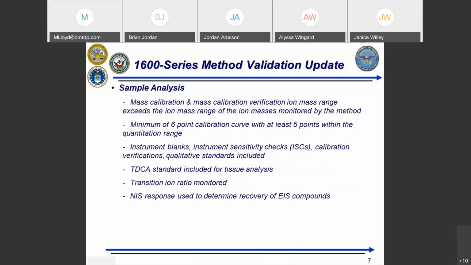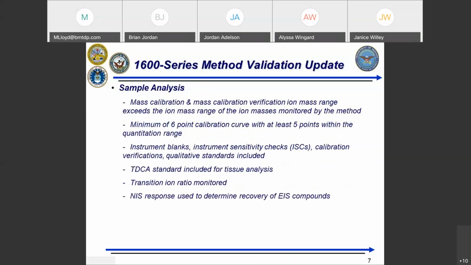The ion range of the mass calibration and mass calibration verification must bracket the ion masses to be monitored by the method. A minimum of 6 calibration points are required, with at least 5 of them within the quantitation range. Analytical sequences include instrument blanks, instrument sensitivity checks, calibration verifications, and qualitative standards.